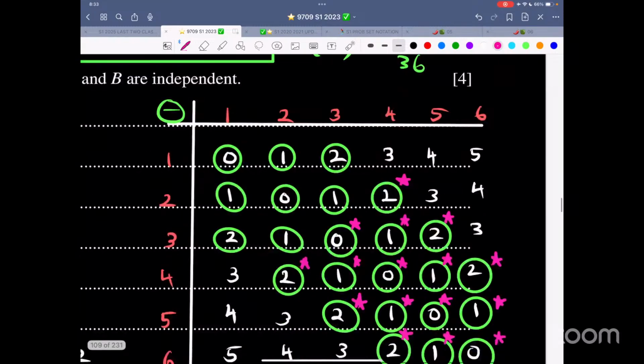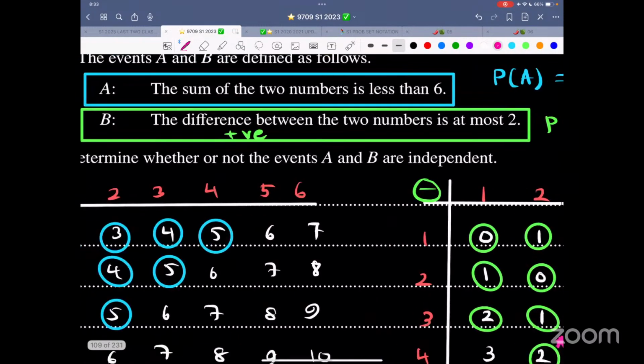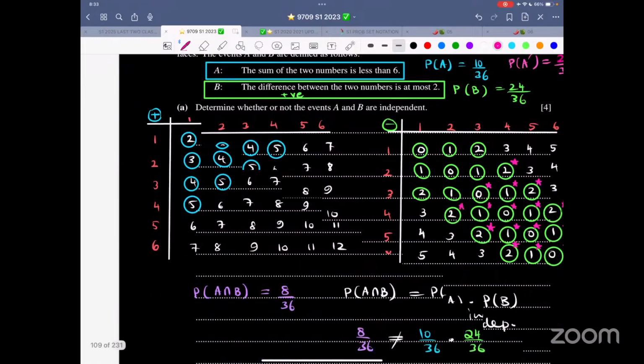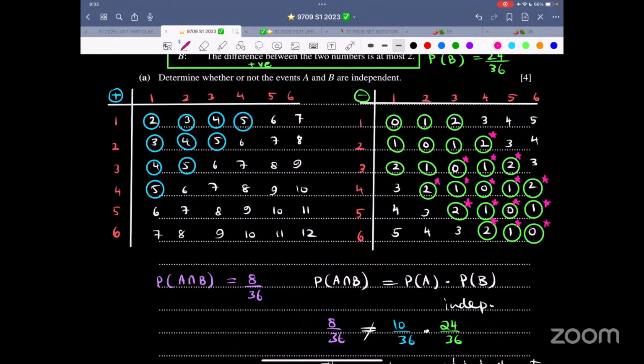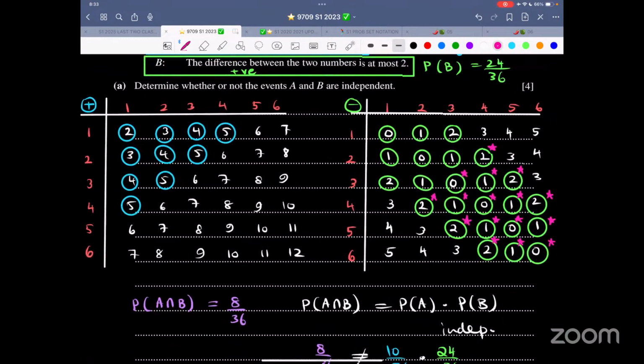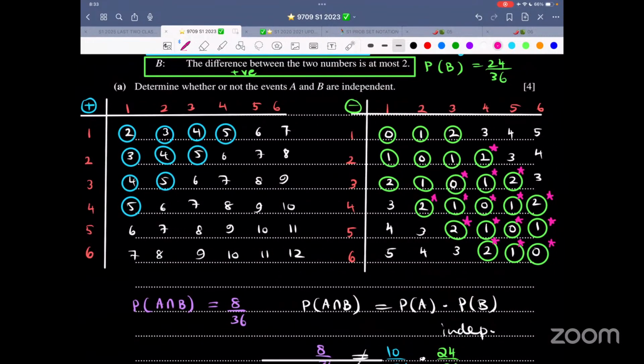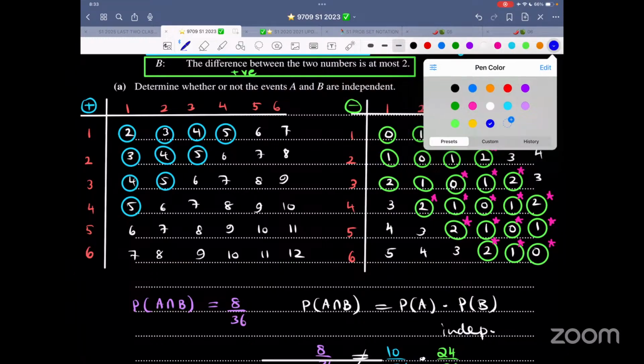Okay. Now the first thing, determine whether these two events are independent. Is there anything common between these two? The same coordinates giving you this. What do I mean by coordinates? 1,1, 1,2, 1,3. Let me choose a color which I've not used, this purplish one is good.